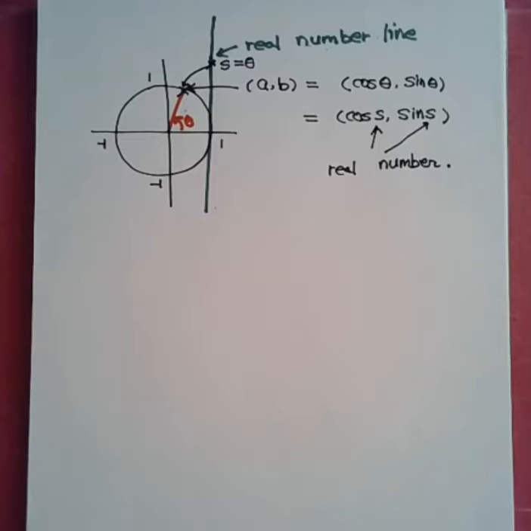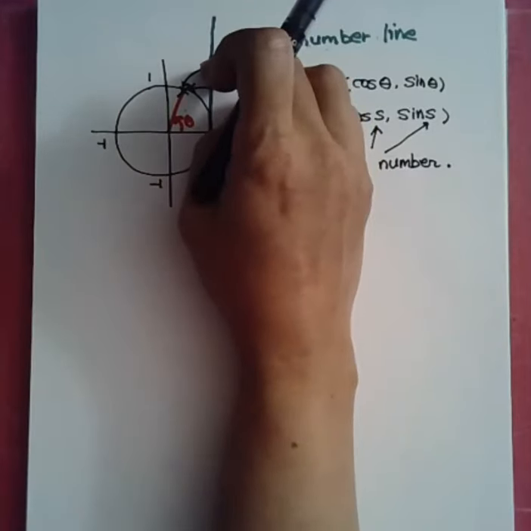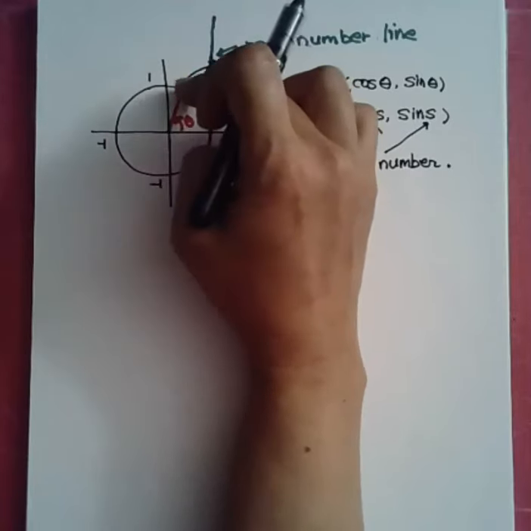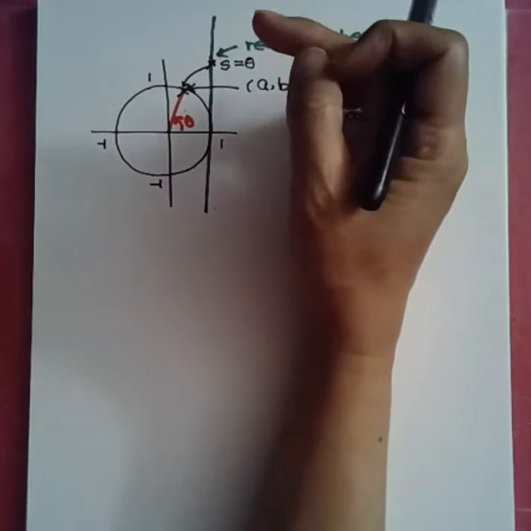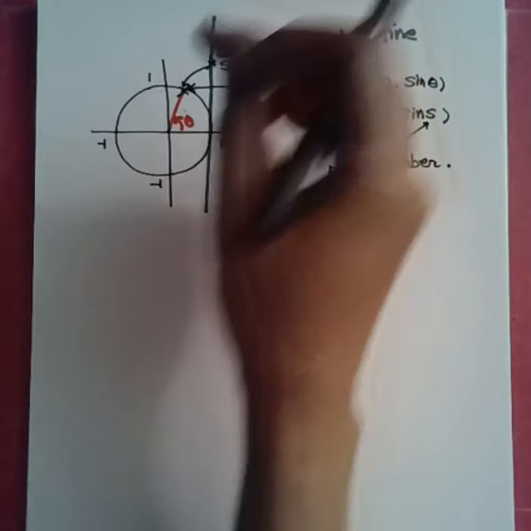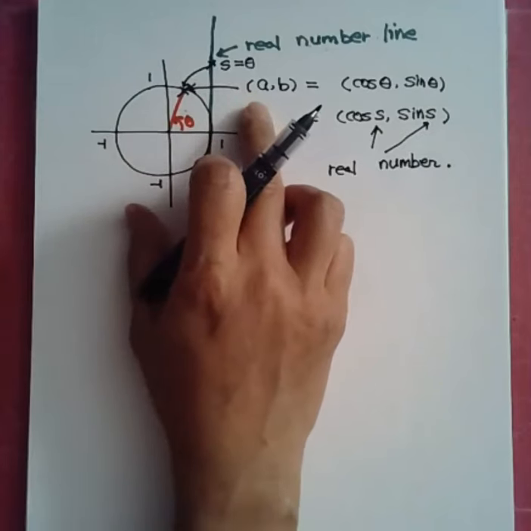As I said, if there is a point on the real number line, then that point will have exactly one point which is identified on the circle. And the coordinate of that point will determine sine and cosine value.